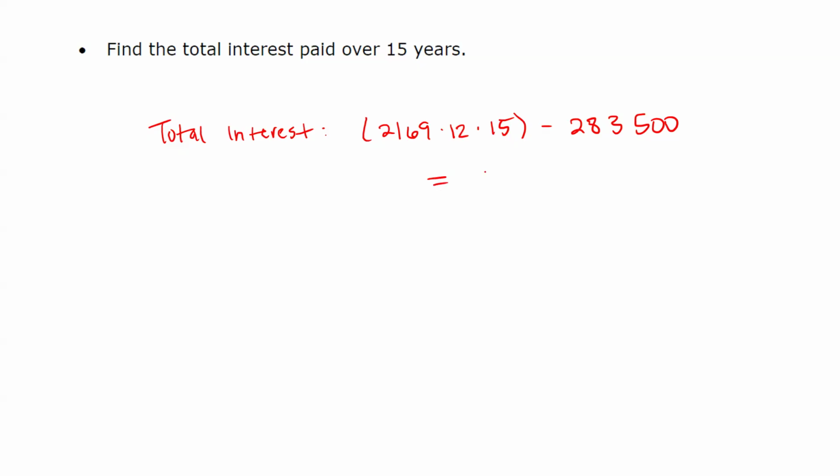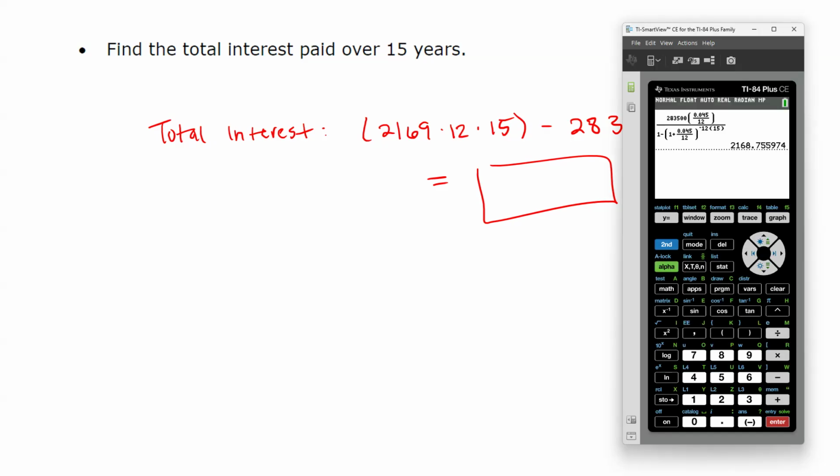When we subtract that, we get the total amount of interest that we paid on the loan. So 2,169 times 12 times 15 minus 283,500 is $106,920.